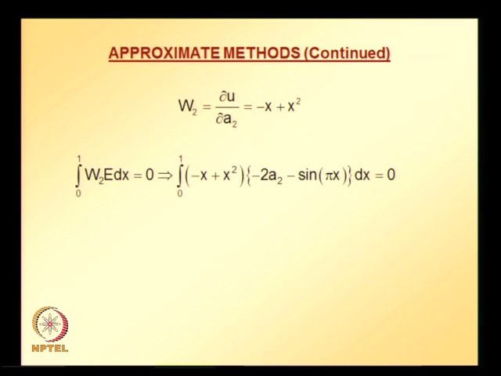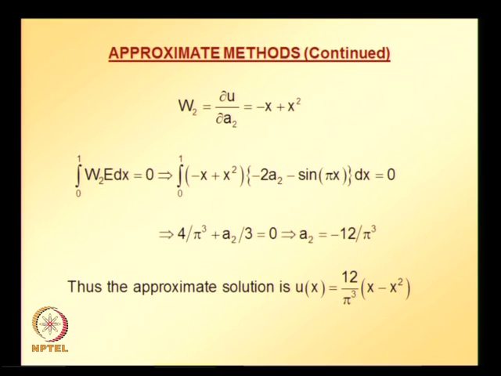We get one equation and one unknown in terms of a2, and we can solve it and find a2. Once we have a2, we can substitute it back into the admissible trial solution and get the approximate solution.